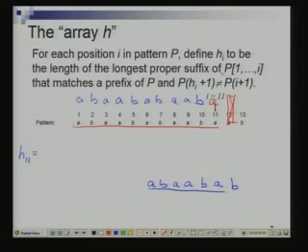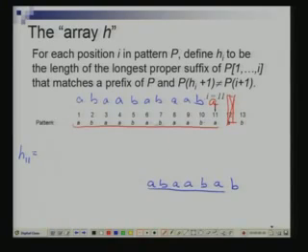What is the suffix of P1 through Pi? You know suffix, you know prefix? Prefix is the contiguous parts before. So A is a prefix, AB is a prefix, ABA is a prefix, ABAA is a prefix, and so on. And what are suffixes? A is a suffix, BA is a suffix, ABA is a suffix, AABA is a suffix, and so on.